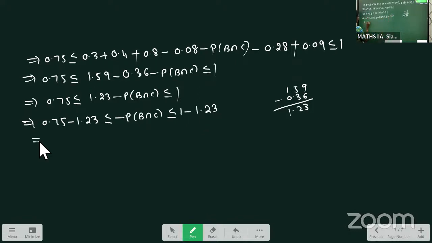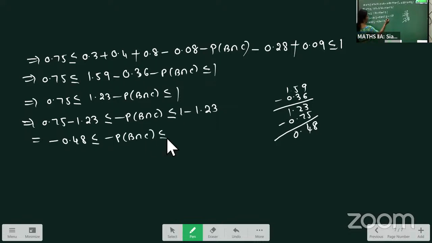So 0.75 minus 1.23. 1.23 is the bigger number, so subtract 0.75 from it. It will be 0.48, and the bigger number is negative. So minus 0.48 less than or equal to minus P of B intersection C less than or equal to 1 minus 1.23, which is minus 0.23.